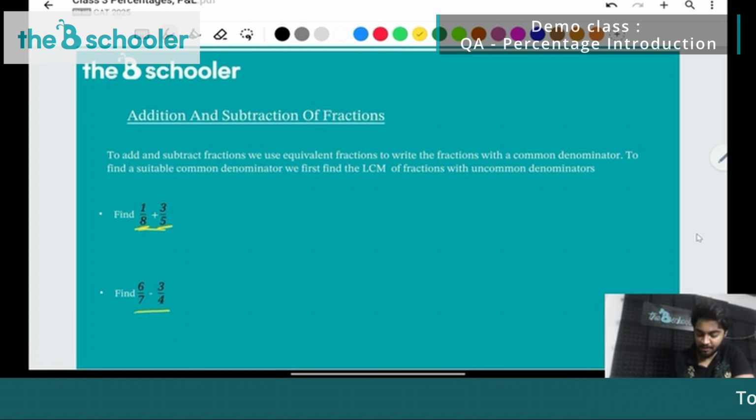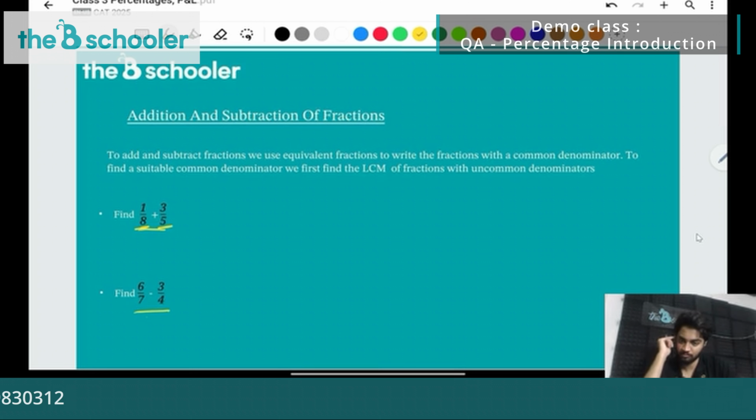Now do the second one and post the answer. Again, same: the LCM of 7 and 4 is going to be 28.